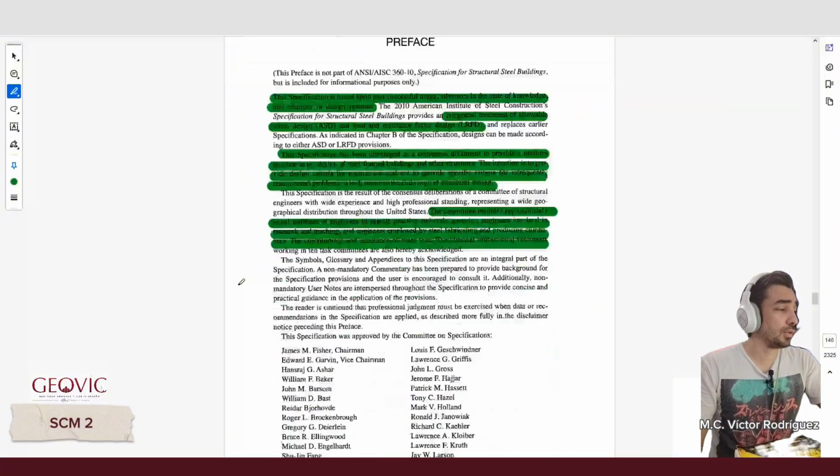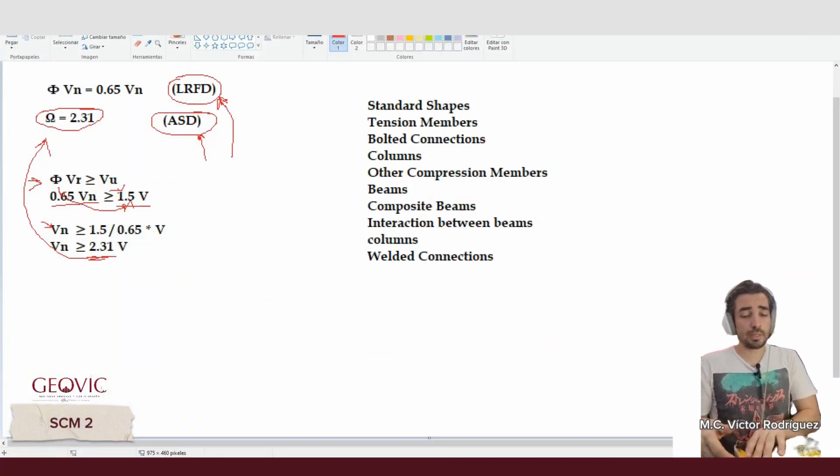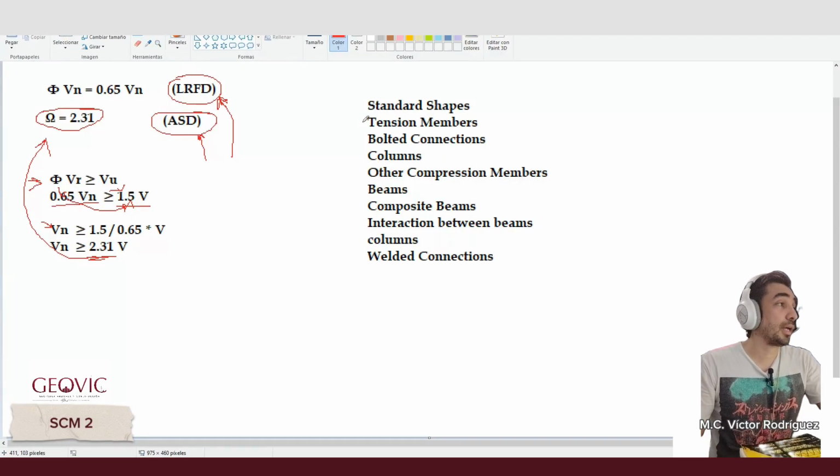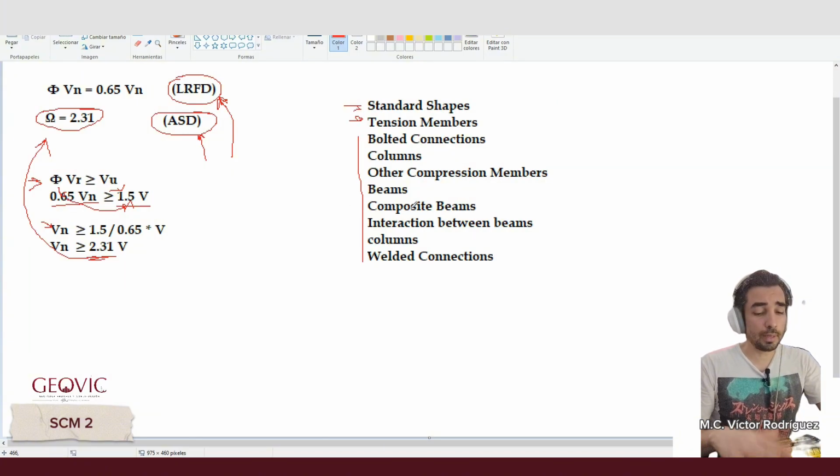In the next videos, as I told you, I'm going to use this book and follow its examples. The chapters are divided like this: standard shapes, tension members, bolted connections, columns, etc. So it is a pretty good book to start with steel design. I believe that after you finish it, you are able to keep improving yourself in steel construction and design on your own, without any need of assistance.